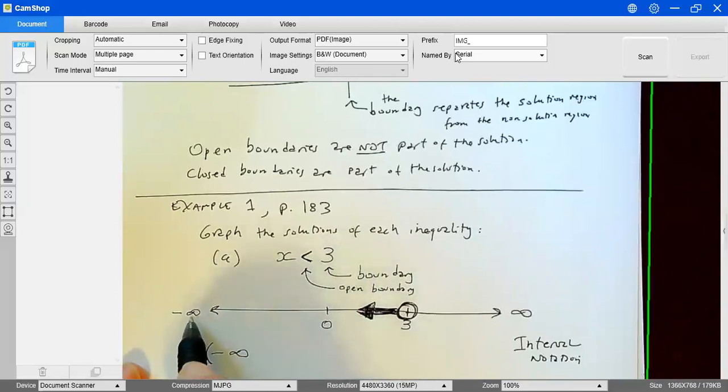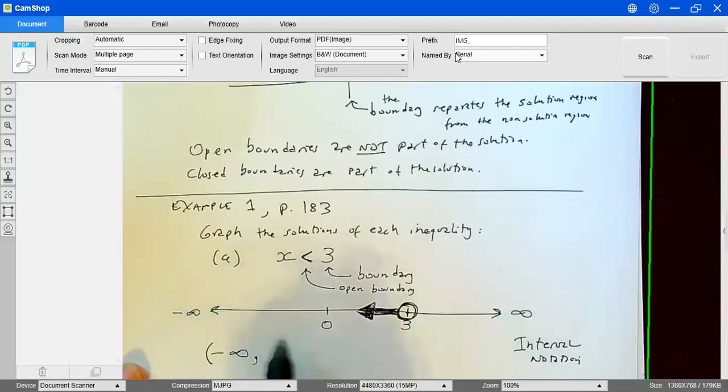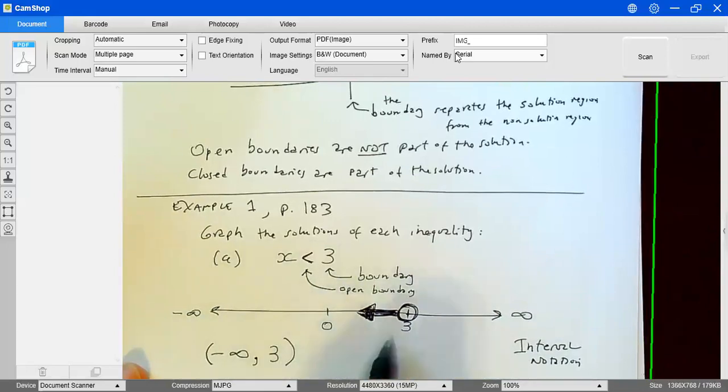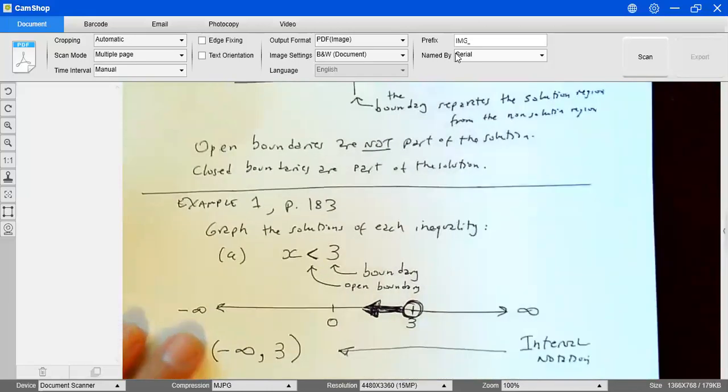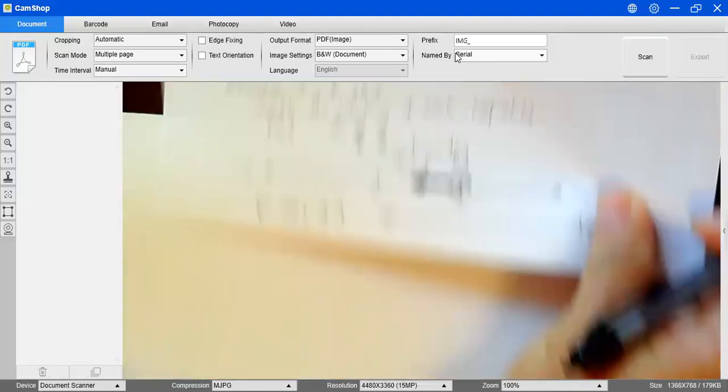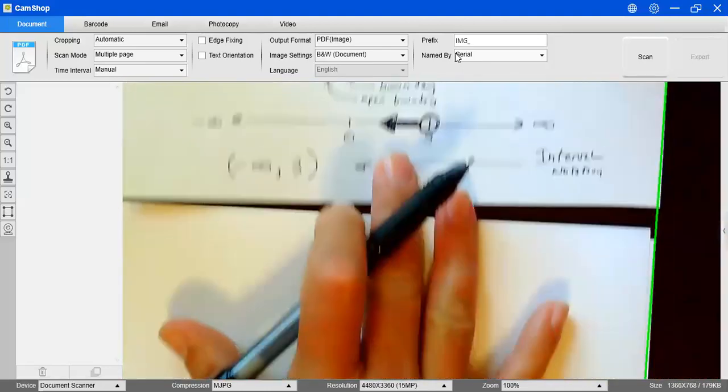Negative infinity or positive infinity are always open boundaries because we don't know the extension. Then we're going to use a comma. My left boundary for my solution is negative infinity. My right boundary is just number 3 and it's open. That's the way that we represent this solution by using the interval notation. When you have closed boundaries, like in the next example, then we're going to use square brackets. I'm going to work now the second part of example 1. So let's see.